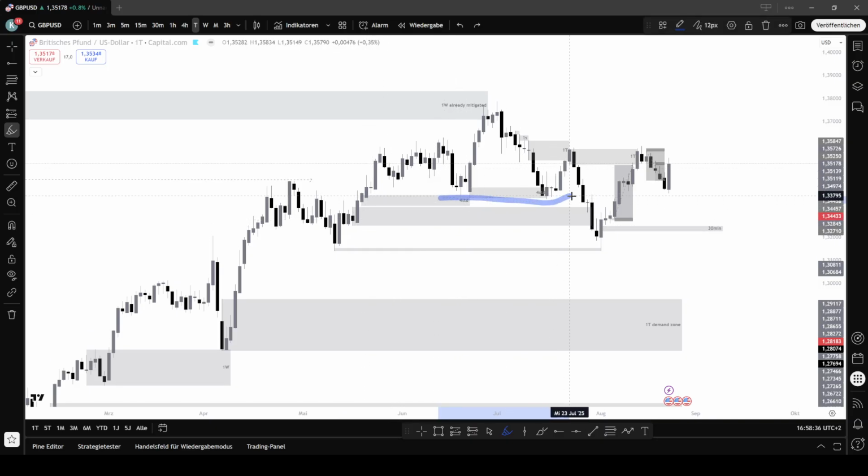There was a change of market structure here from bullish to bearish because this previous low was violated and price went down to form this lower low and went up to form a lower high. So I expect the price to sell. That's also telling us that because we are on the monthly time frame, we are bearish.